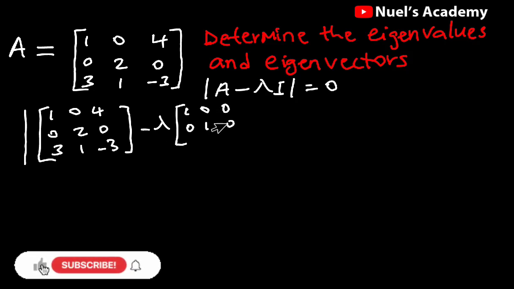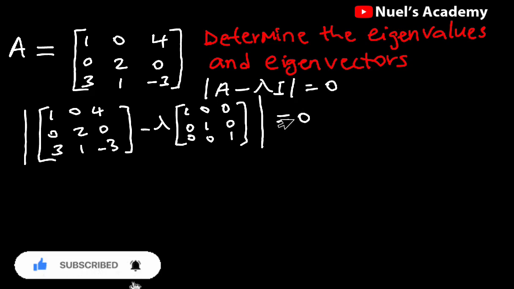So we have 0, 0, 1 here. Then this is equal to 0.